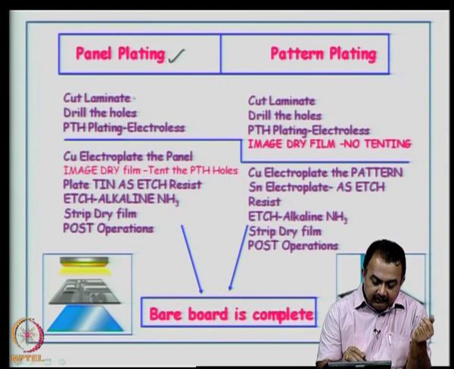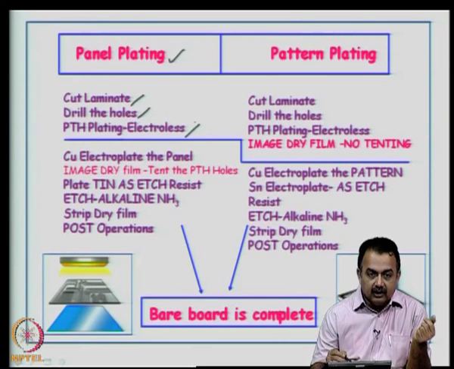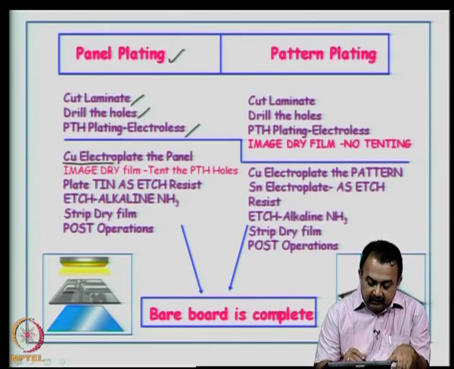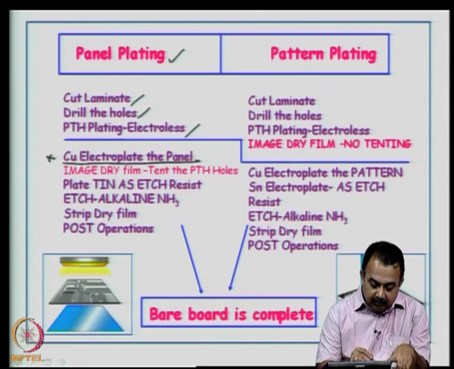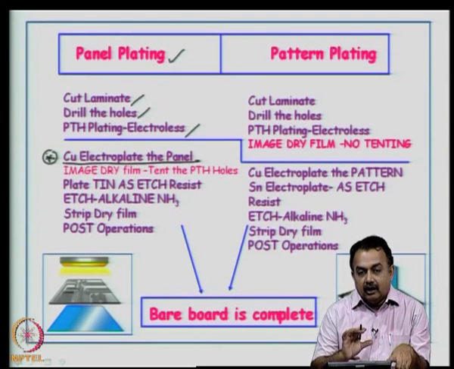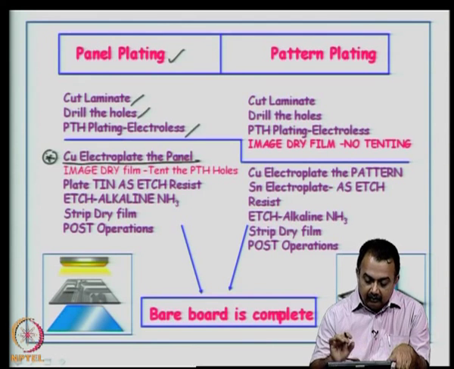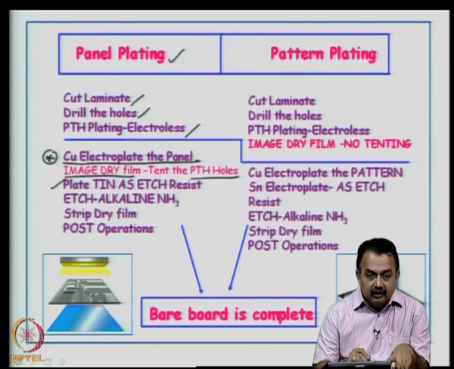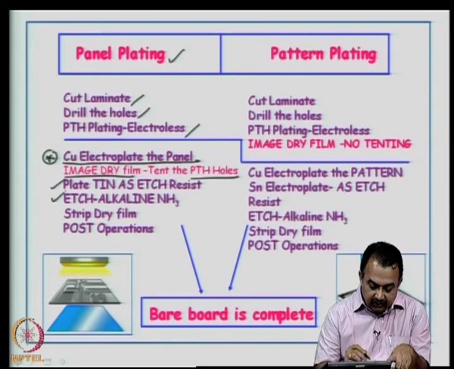You cut the laminate, drill the holes, do a PTH plating including electroless. Now, since it is panel plating, you plate the entire panel. So, this is the important step that distinguishes between panel and pattern plating. Now, you do an imaging of the dry film, close the through holes, plate tin as etch resist, etch using alkaline ammonia etchant, strip off the dry film and do a post operation.